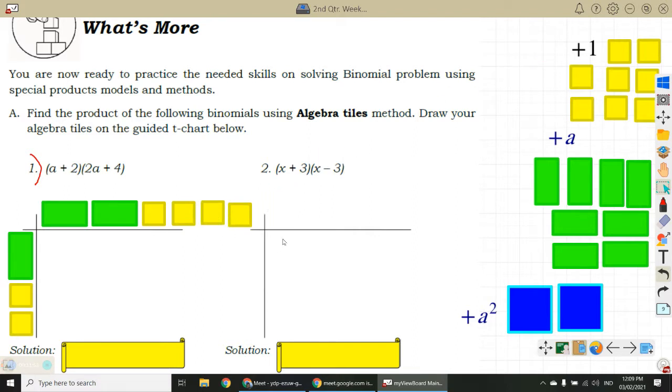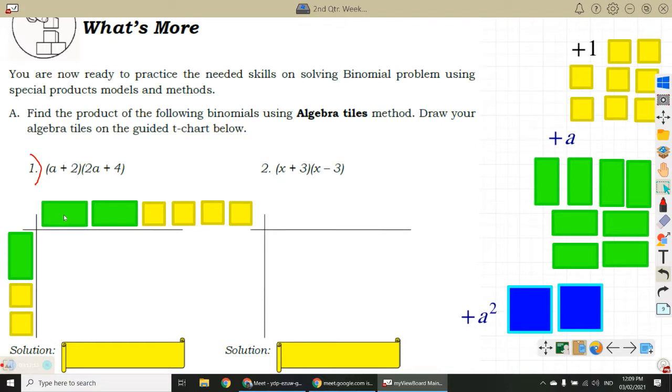Are you still there? So we're going to multiply. Multiplying a times a, what will happen? What will be the product of a times a? A times a is a squared. Tama ba?